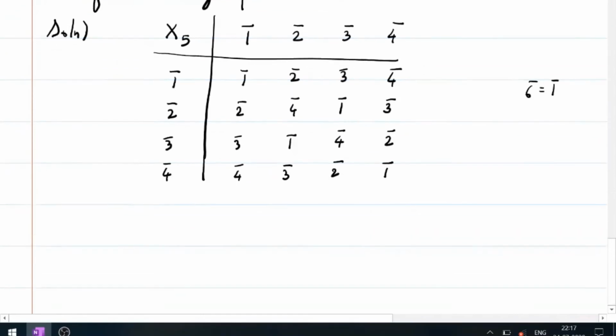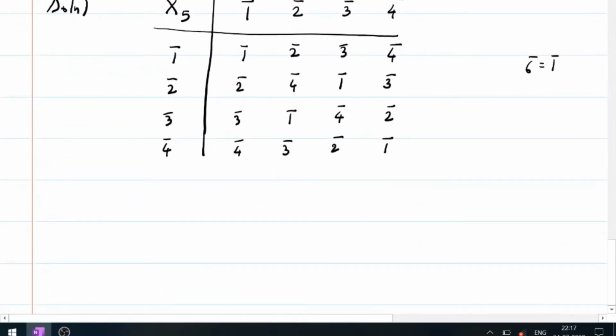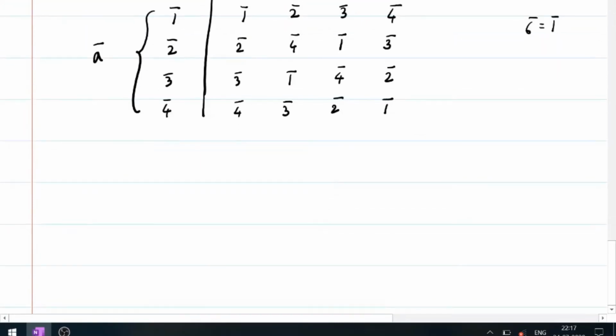So this is the table for multiplication modulo 5. So if you take any a bar from here and you choose any b bar from here, you will see that a bar is from Z5 star and b bar is also in Z5 star.